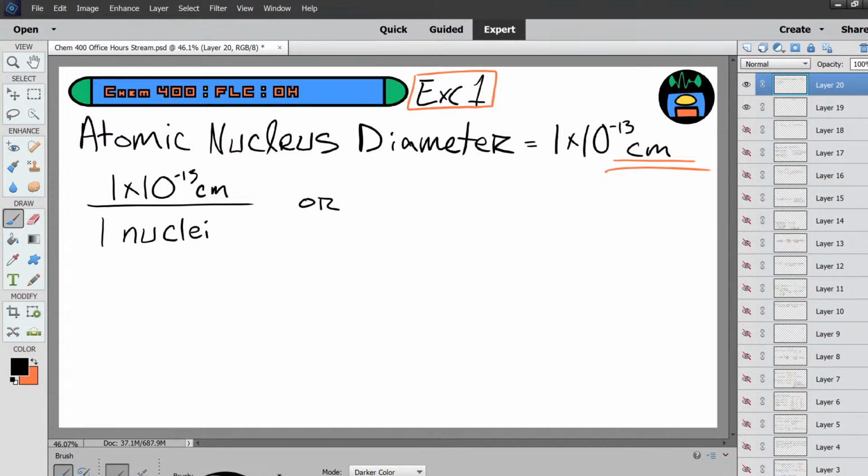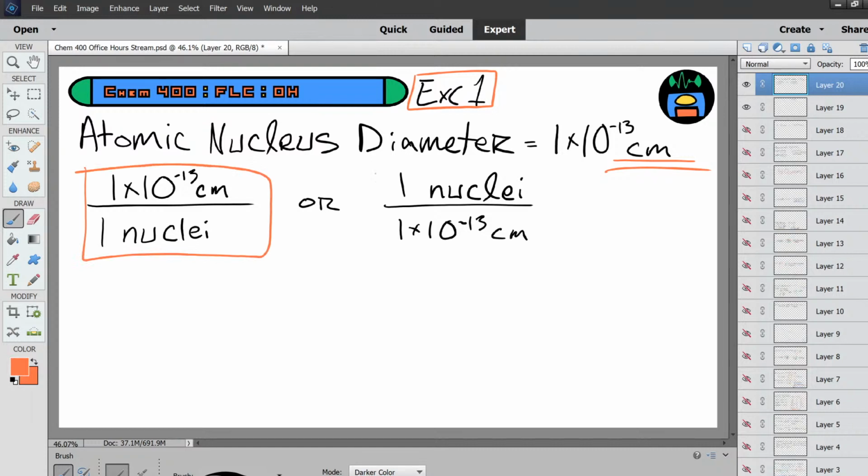Or in 1 nucleus, there is 1 times 10 to the negative 13th centimeters. So now that this has units and you have 2 unit conversions, you can use one of these.